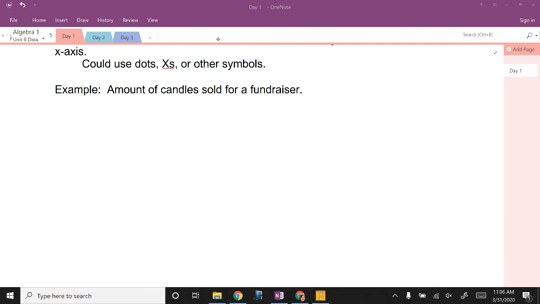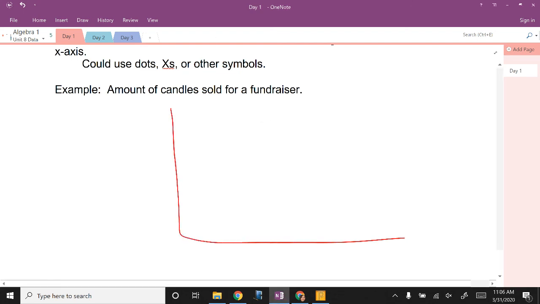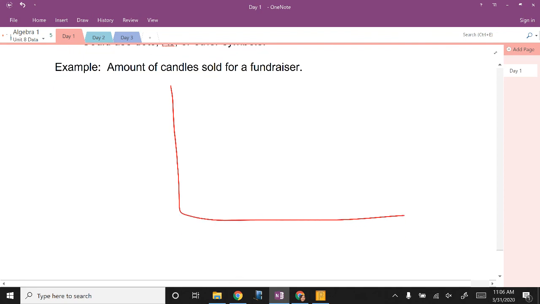We can have an x and y axis. Basically, these would be all positive numbers, so it'd just be the first quadrant. The first one could be, sorry, my pen's going crazy, the number of candles sold. We can sell 1, 2, 3, 4.